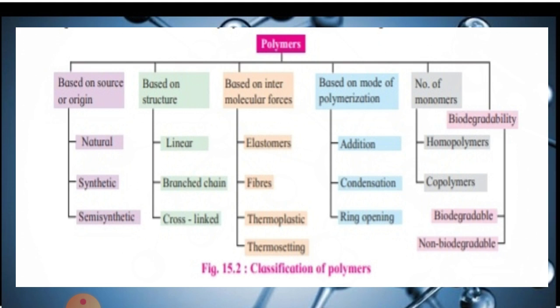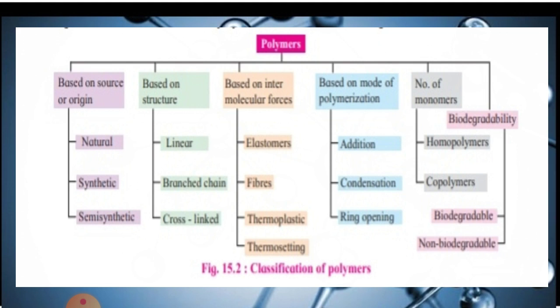Then classification based on structure: linear, branched chain, cross-linked. Classification based on intermolecular forces: elastomers, fibers, thermoplastic, thermosetting. Then classification based on mode of polymerization process: addition, condensation polymerization, and ring opening polymerization.